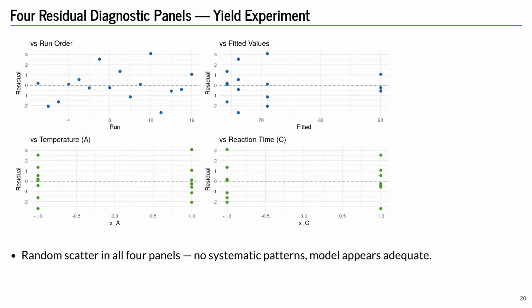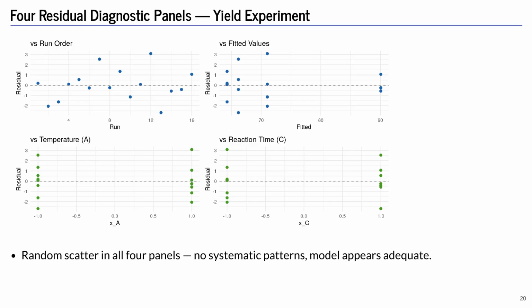The four diagnostic panels for the yield experiment all show the same reassuring picture: random scatter around zero with no systematic pattern. In the run order panel, the residuals bounce around zero without any upward or downward drift. That tells us there was no time-related lurking variable, no gradual change in ambient conditions, reagent quality, or operator technique over the course of the 16 runs.